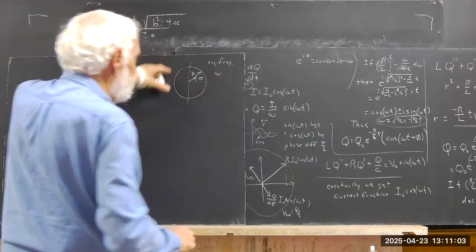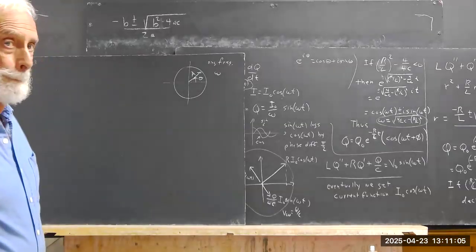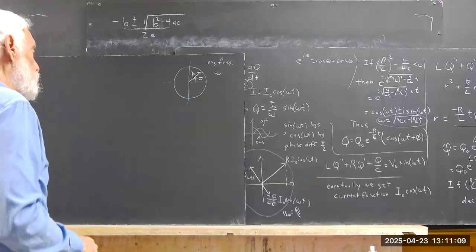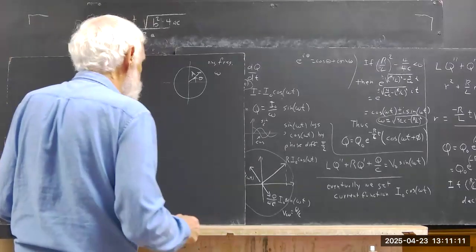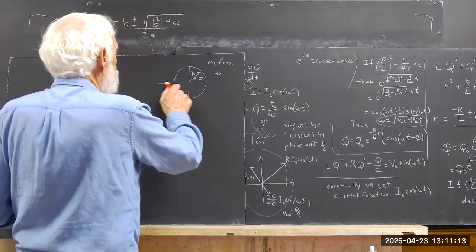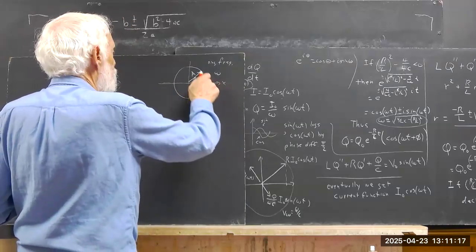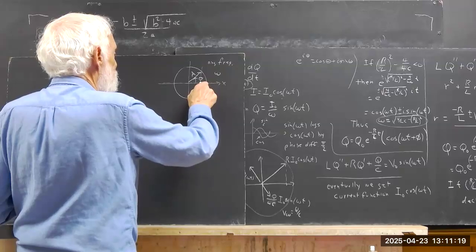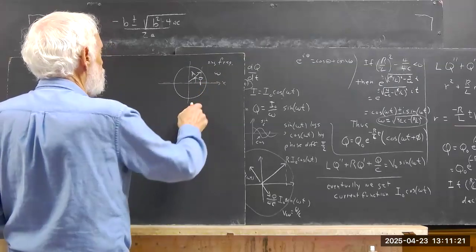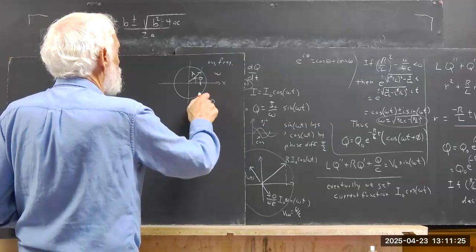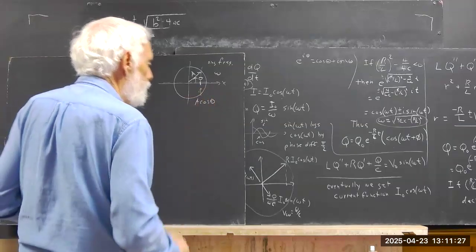And this thing is going around in a circle, right? And the actual voltage might be the projection onto the x-axis of some theta.